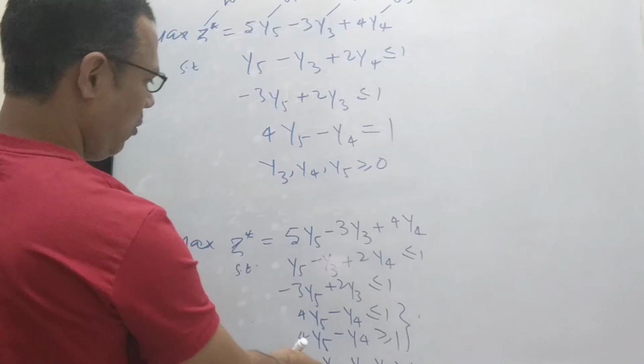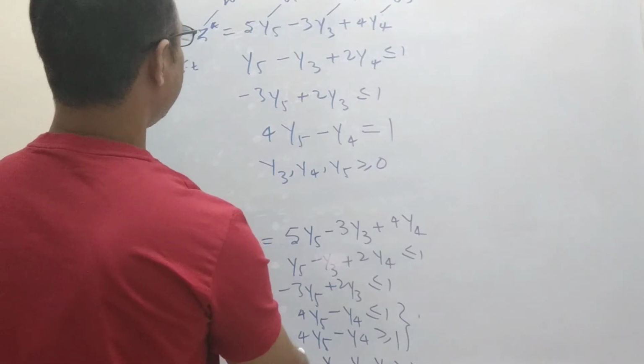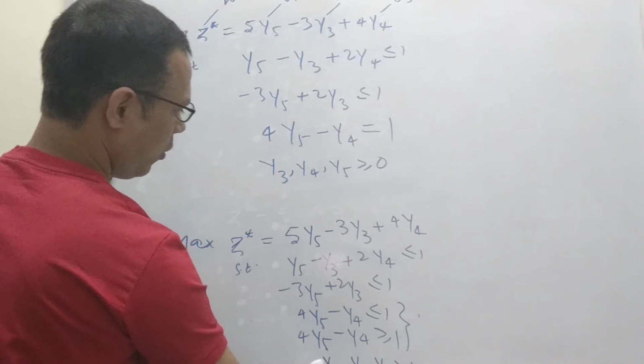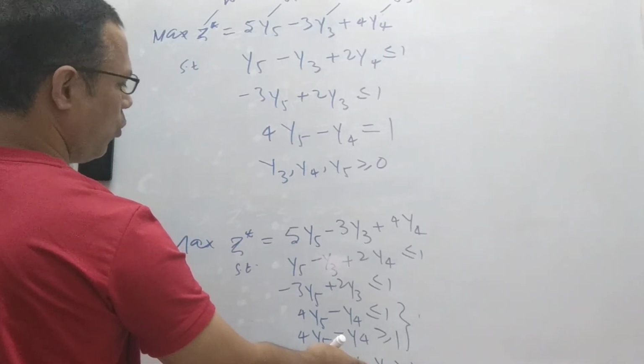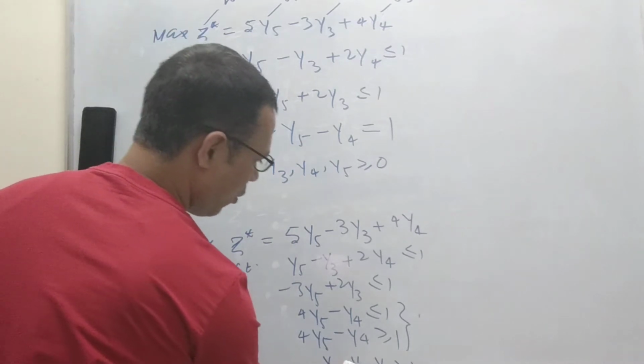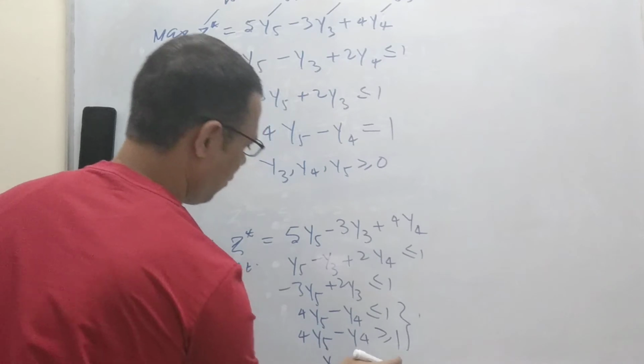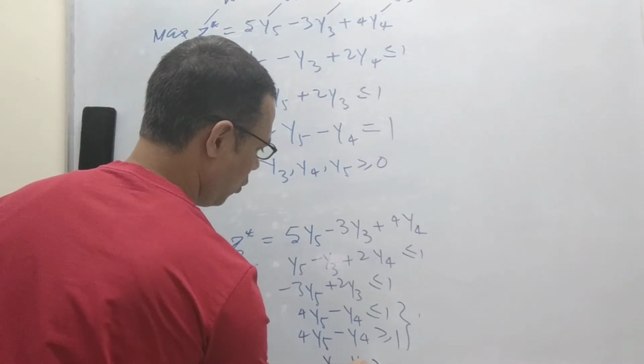But one important thing: before replacing these variables we need to ensure which variable is unrestricted, because we cannot say directly that y5 is unrestricted in sign, or greater than equal to 0. Why?